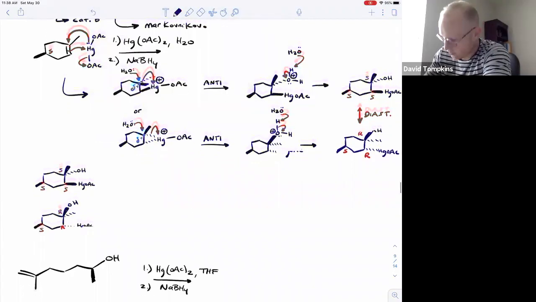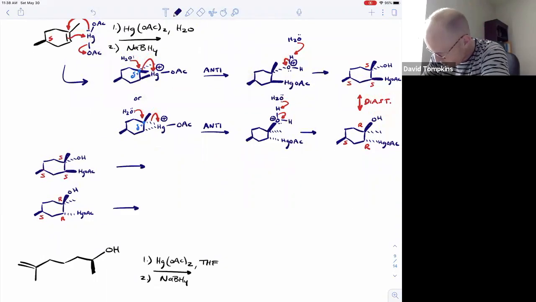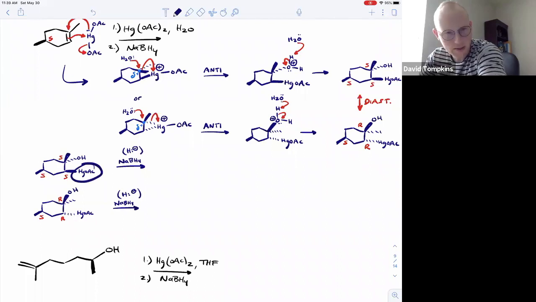So now if you take these and you subject them to sodium borohydride, which is a reducing agent, and you do not need to know the mechanism for sodium borohydride with mercury, but it basically acts as a source of H-. It's like a nucleophilic hydrogen. That hydrogen magically replaces mercury via a reduction reaction at carbon.